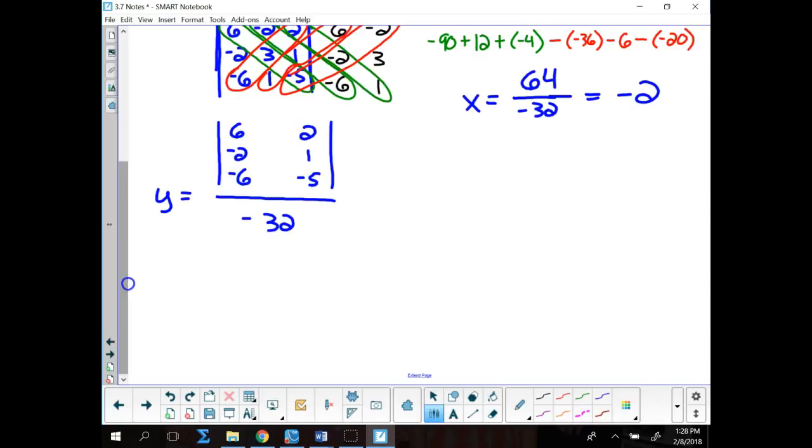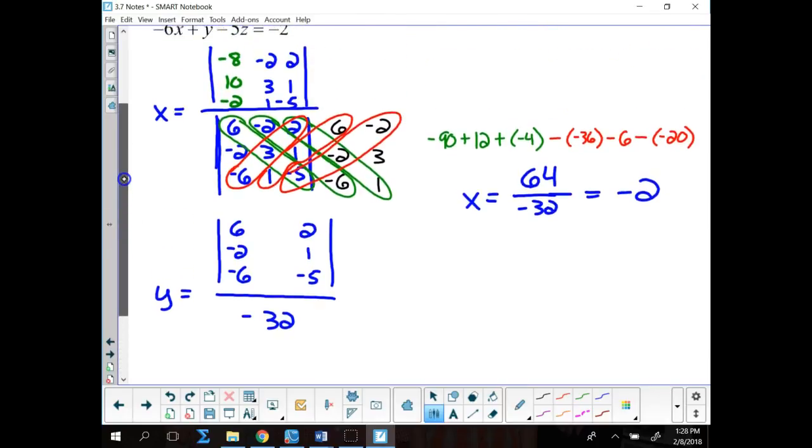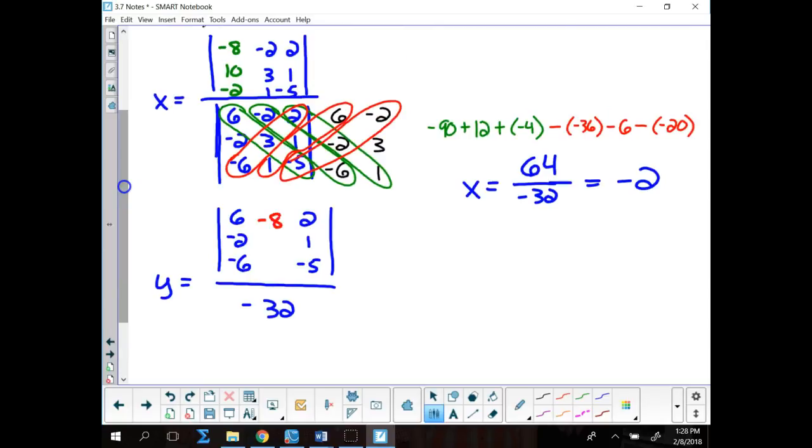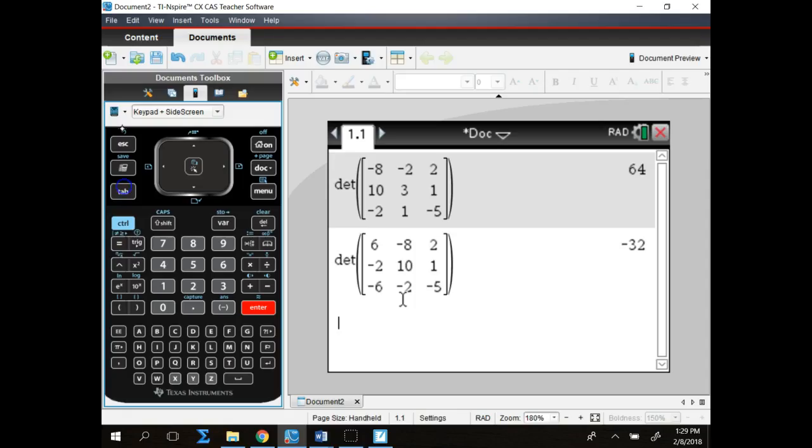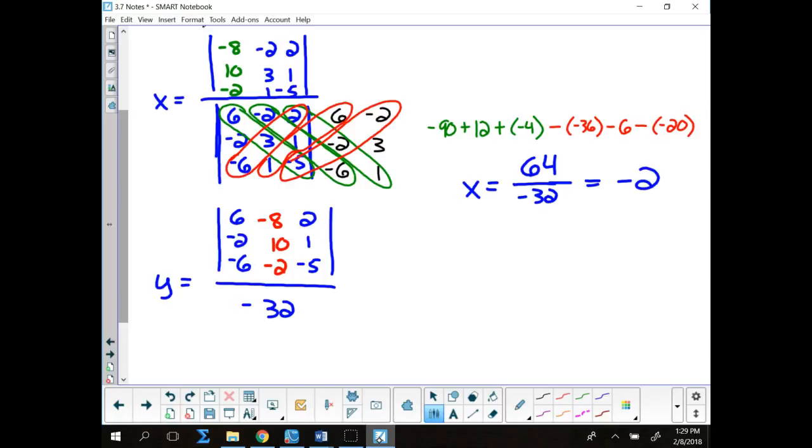But now I replace my y coefficients with negative 8, 10, and negative 2. Calculator or by hand? Make it happen. I get negative 32 for my numerator, which means y is equal to 1.